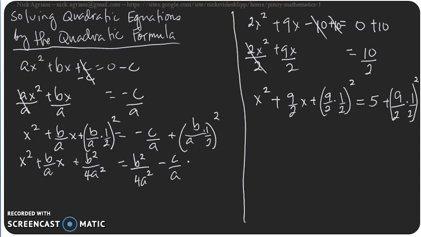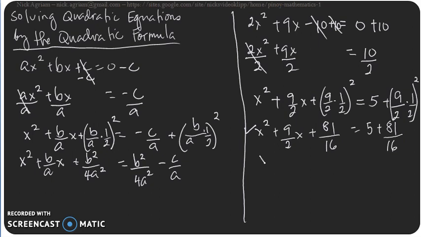I just changed the position on the right-hand side so that it fits the formula that we will be getting. If you've done it right, this one is x squared plus 9 half x plus 81 over 16 is equal to 5 plus 81 over 16.